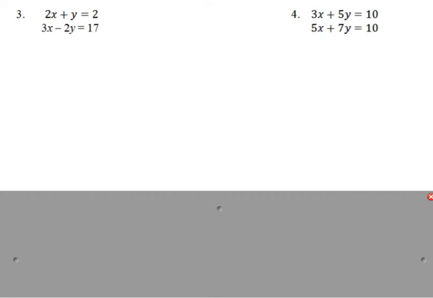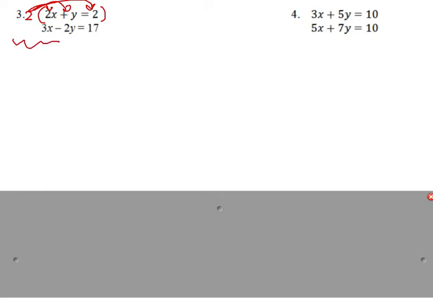If I wanted the top equation to become positive 2y, I could make that happen by multiplying by 2. The only thing I have to make sure of is that I multiply all the way through the entire equation by 2. So I'm going to multiply this entire equation, distributing to here, here, and here, all by 2.